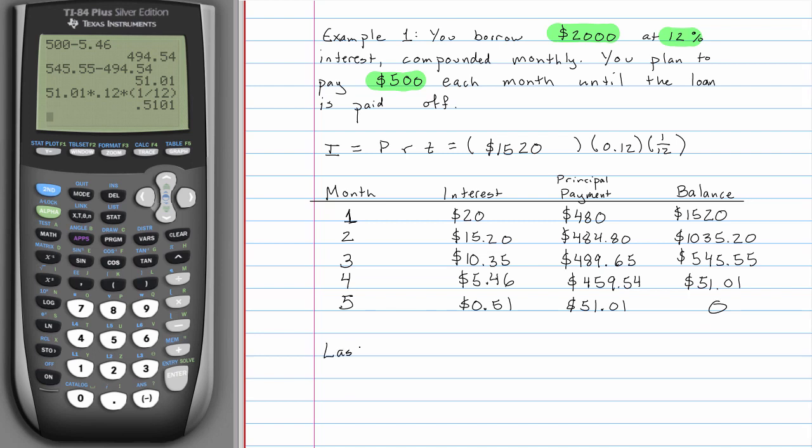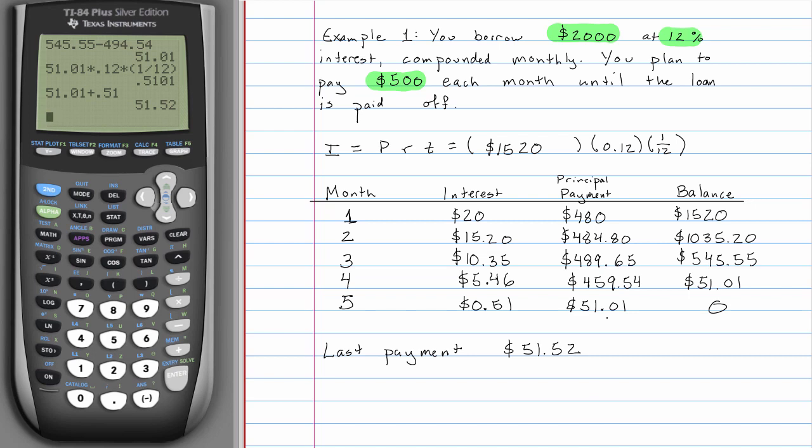My last payment is that $51.01 plus the 51 cents in interest. My last payment is just $51.52. And notice that that last payment is weird, right?